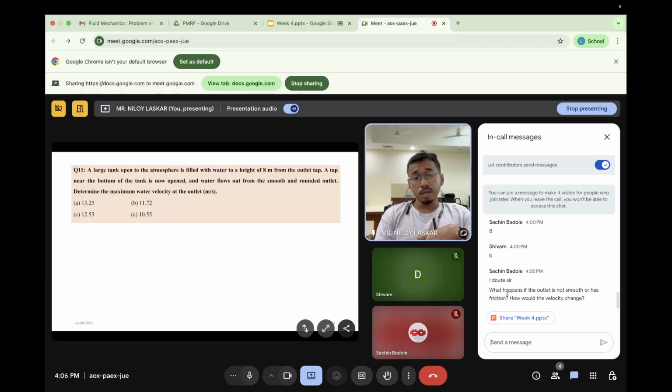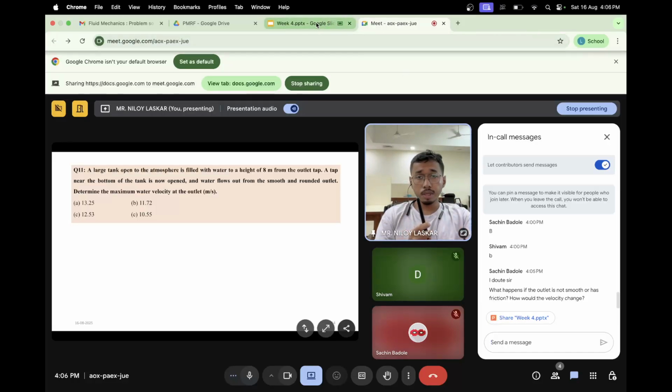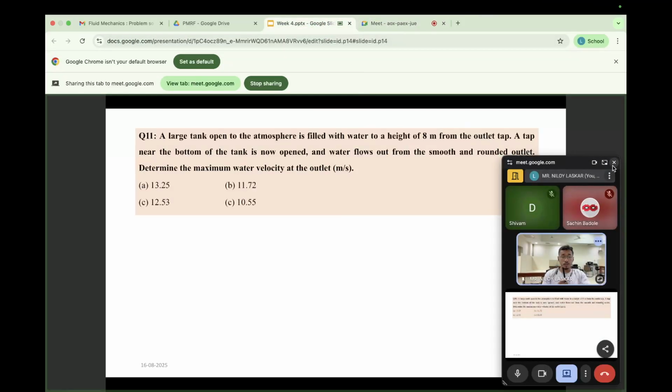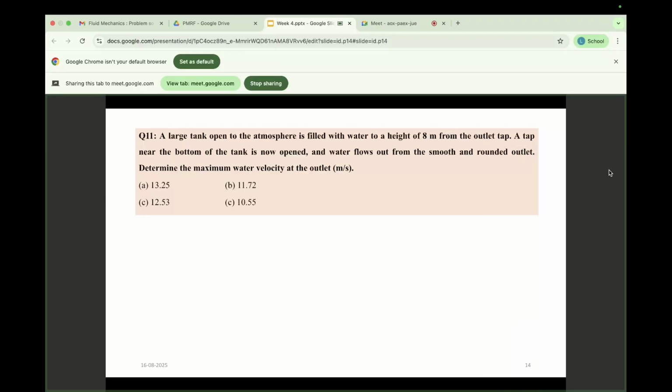So see, if the outlet has friction, what will happen? Say this is the normal outlet. If there is no friction, the velocity at any point is v, even near the wall it is v.